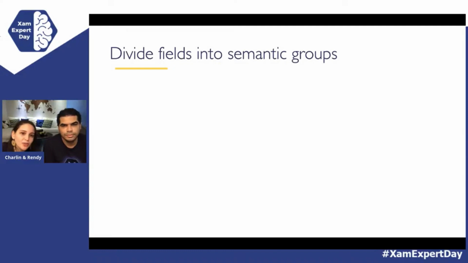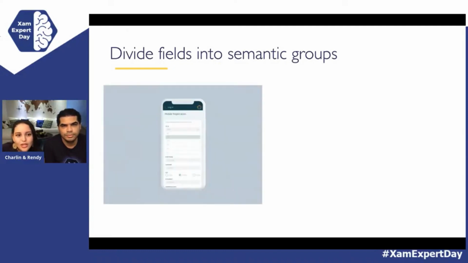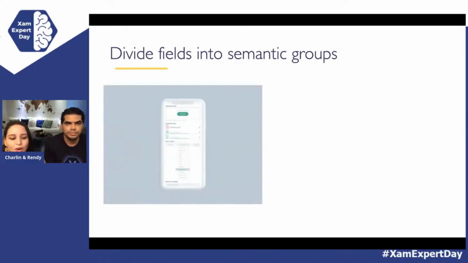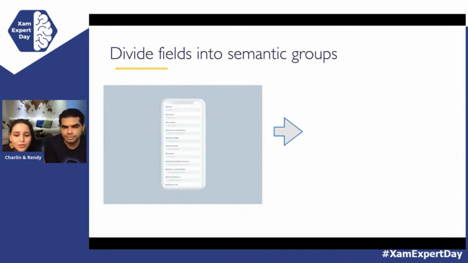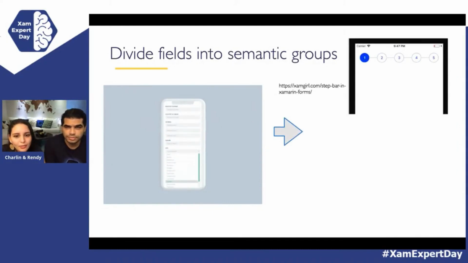Another tip is to divide fields into semantic groups. It is hard when you are filling a form and the form has a lot of options, and you are like, where is the end of this form? And you think, I'm going to complete this later. As a user, I might not want to use this app. So a better approach is to divide the fields into semantic groups.